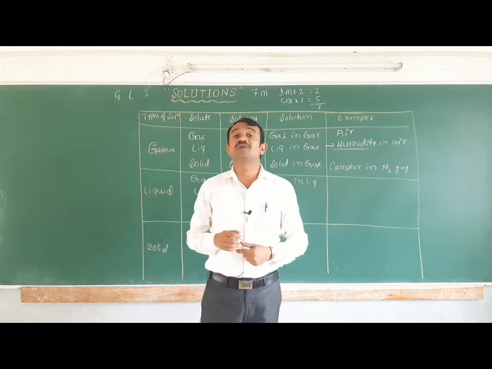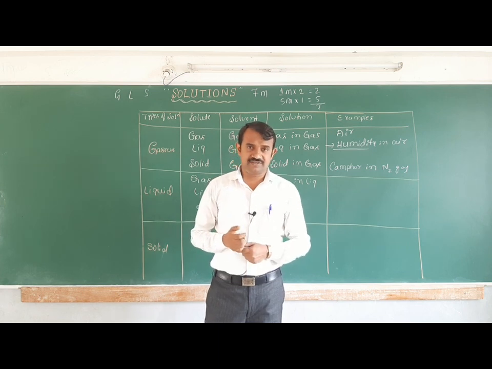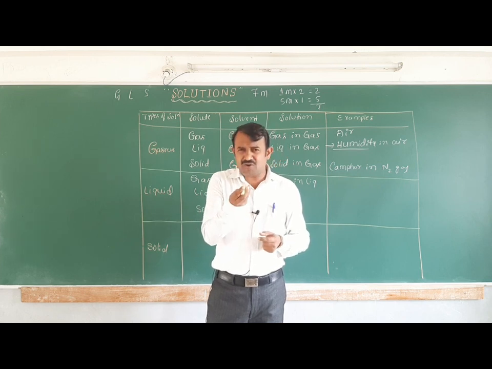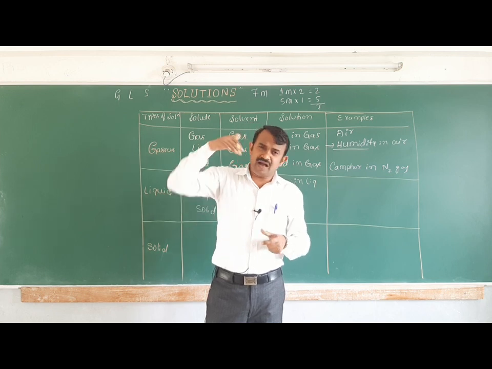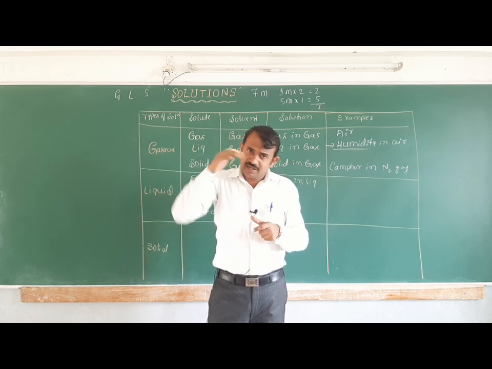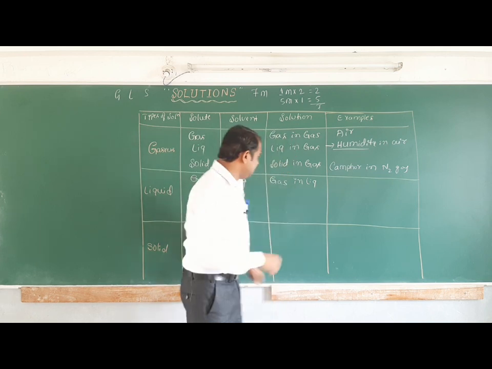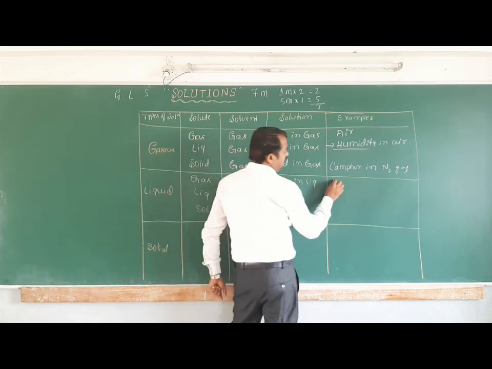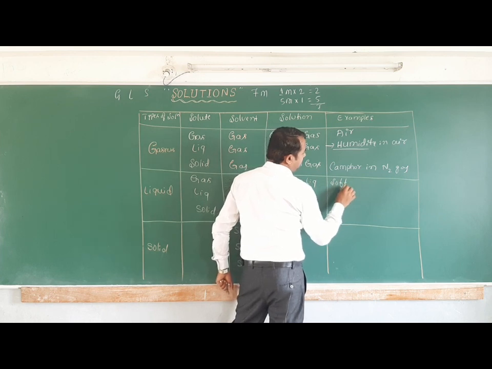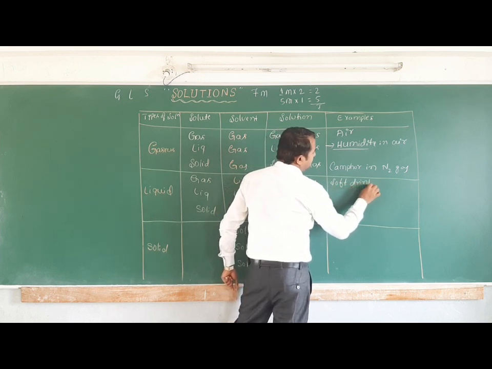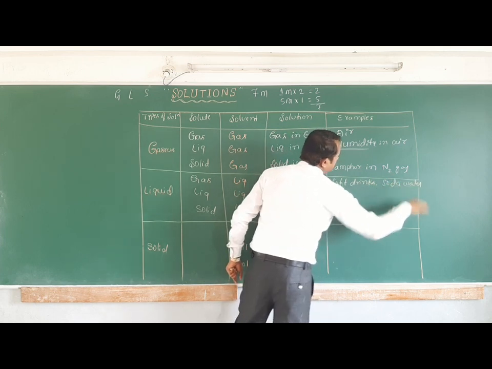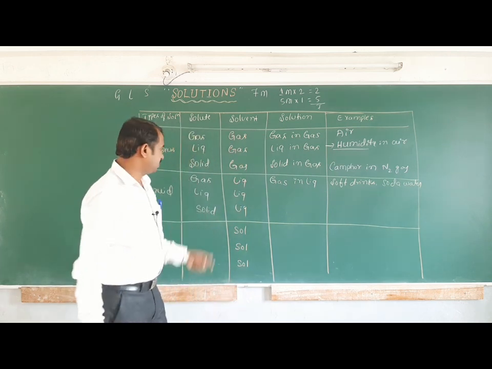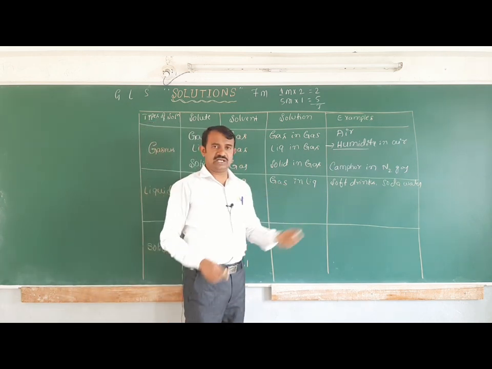We can observe soda water and soft drinks. In soft drinks they mix carbon dioxide. The smaller quantity is the solute, the larger quantity is the solvent. Carbon dioxide is a gas, water is a liquid, so gas is dissolved in liquid. These are soft drinks, aerated drinks or soda water. This is a good example of gas dissolved in liquid.